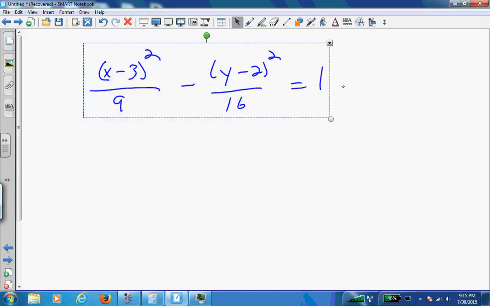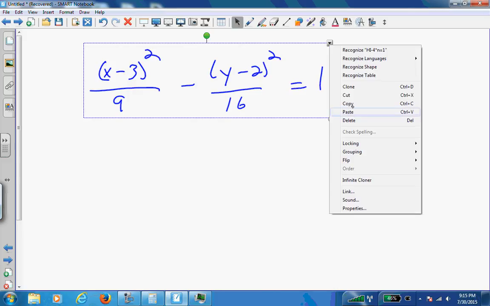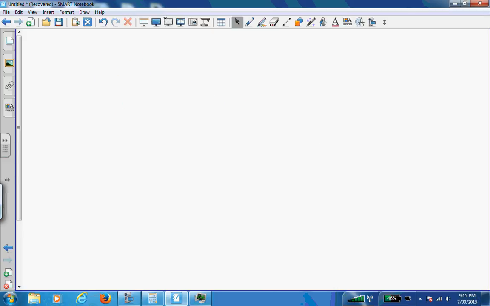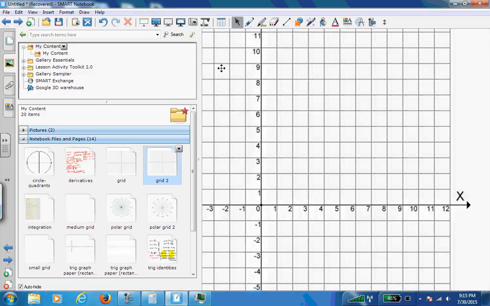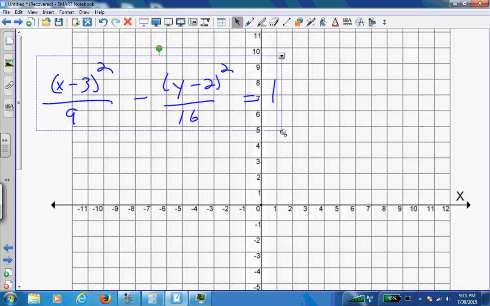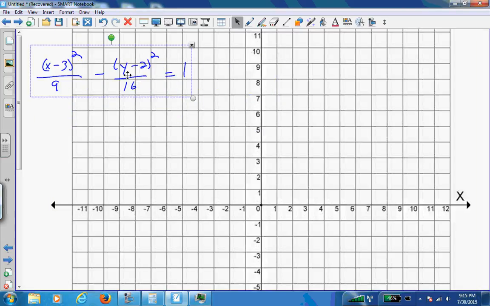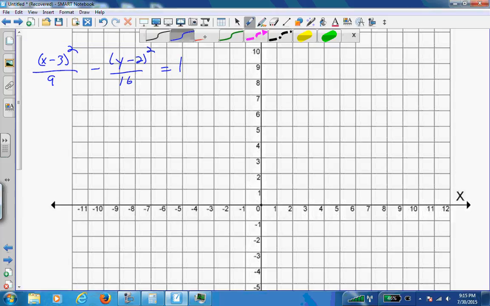So let's copy that over to a graph. The center of that hyperbola is to the right 3, up 2. So the opposite of this, the opposite of that, 3, 2 is the center.